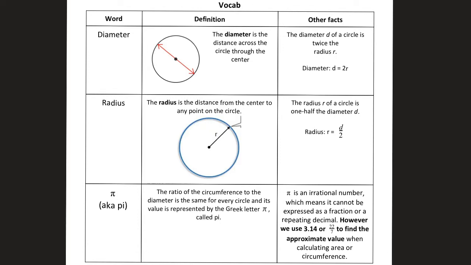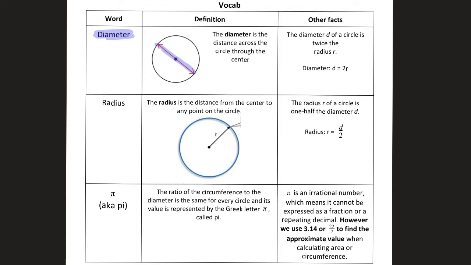Okay. So the first thing is called the diameter. So the diameter is the distance across the circle through the center. So it goes straight through the middle. Okay, if I went across the circle, that red line isn't going through the middle, so that wouldn't be the diameter.